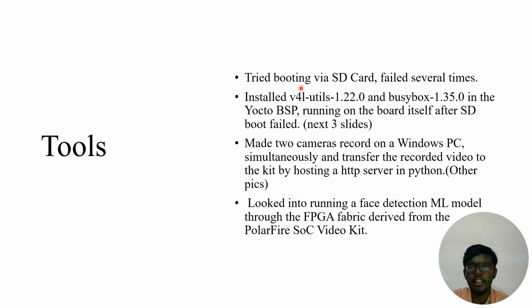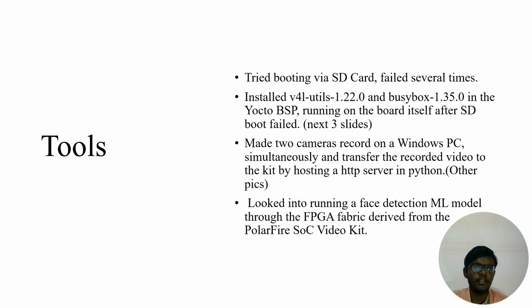We tried booting using an SD card, booting into a separate layer of another Linux distribution for RISC-V, and then we installed various tools like V4L utilities for video and image files for multimedia purposes, and BusyBox. So we already had an Octo BSP running on the board itself after the SD card boot failed.